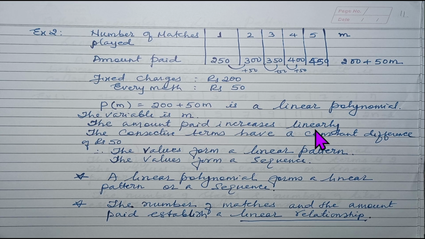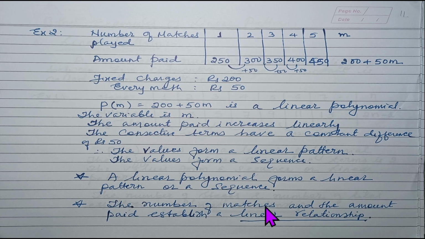Now the amount paid increases linearly because the consecutive amounts paid have a common difference or a constant difference of rupees 50. So therefore we say that the amount paid forms a linear pattern, or we can also say it forms a sequence. So a linear polynomial therefore forms a linear pattern or a sequence.